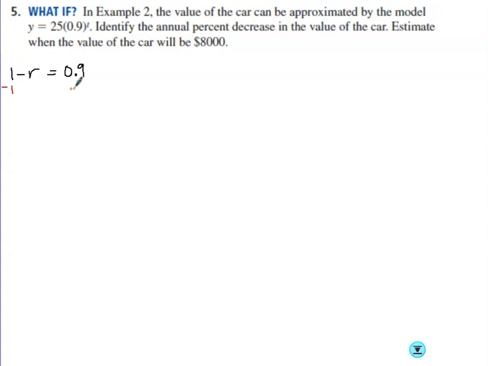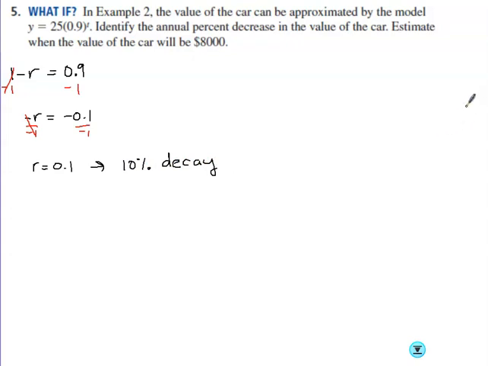So to figure out how much I'm subtracting, I subtract my 1, negative r is negative 0.1, divide by negative 1, and r will equal just 0.1, or 10%. So this has a value of 10% decay.